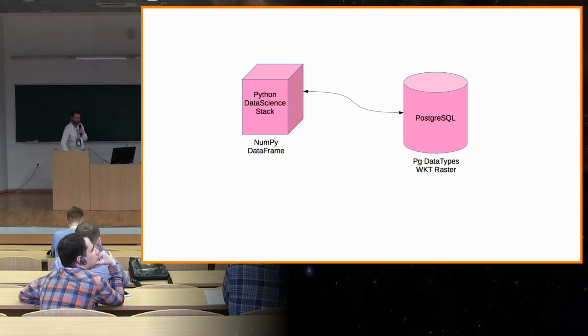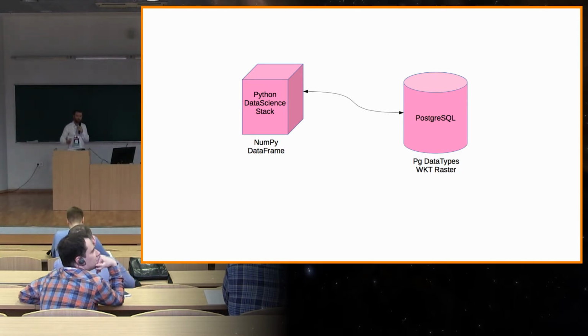But the first issue is to be able to bridge the different data types. In Postgres, there is obviously PostGIS and Postgres data types, and you are also meeting the WKT raster data type.